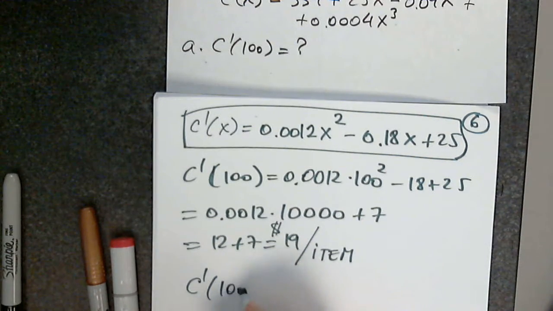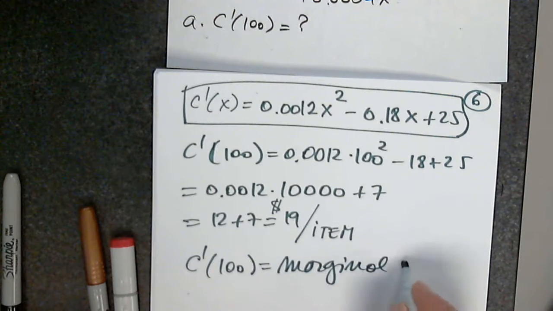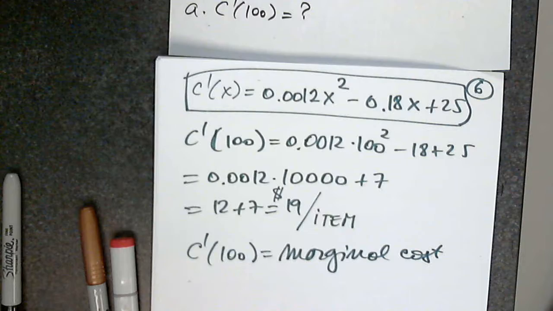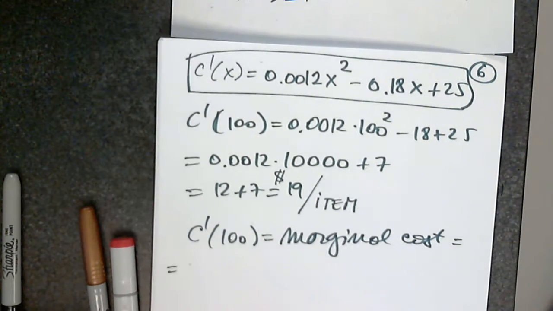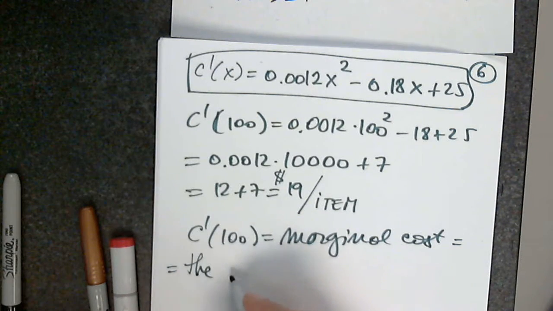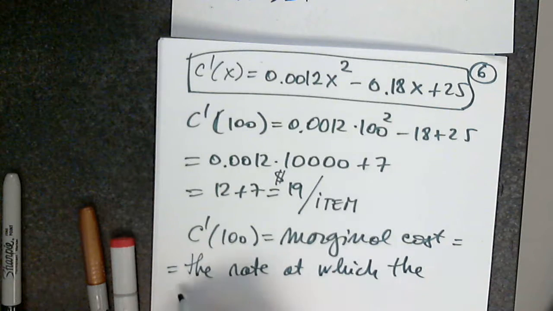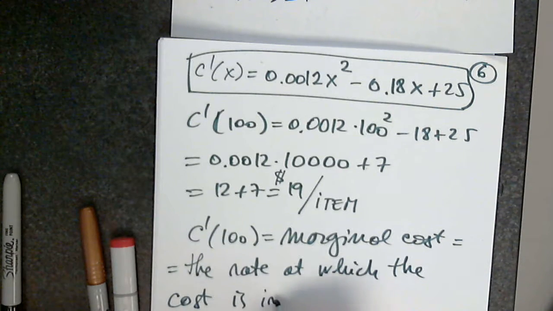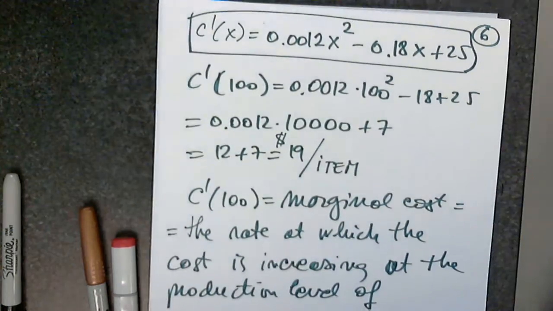C prime of 100 is called the marginal cost. And it equals the rate at which the cost is increasing at the production level of what?